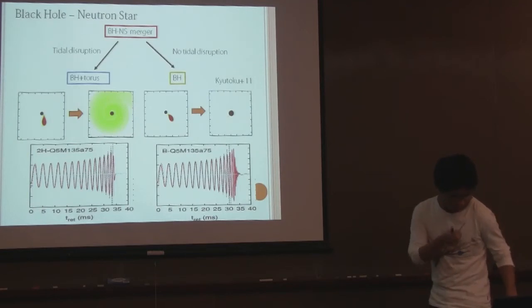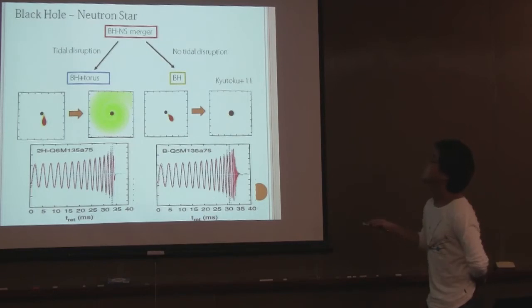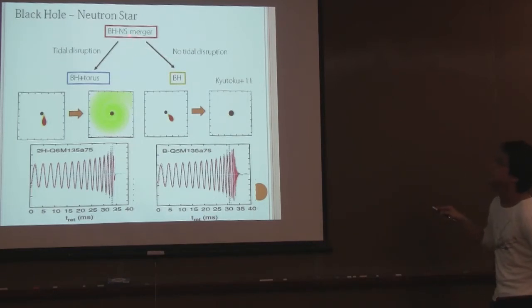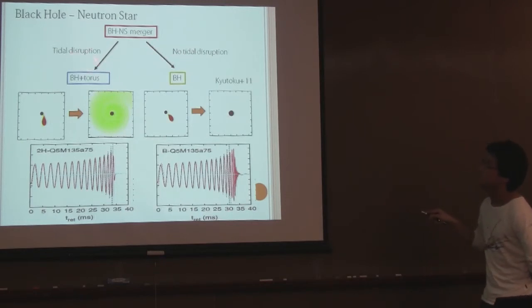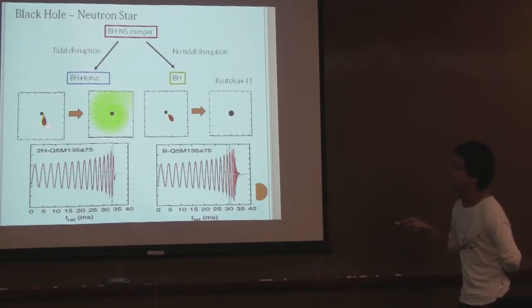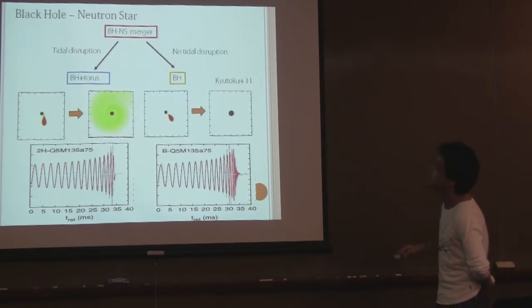Okay, let's move on to the black hole neutron star case. The black hole neutron star case is not as complicated as the binary neutron star case. The point is whether the tidal disruption does occur or not. If the tidal disruption occurs, the tidally disrupted neutron star forms an accretion disk around the black hole.